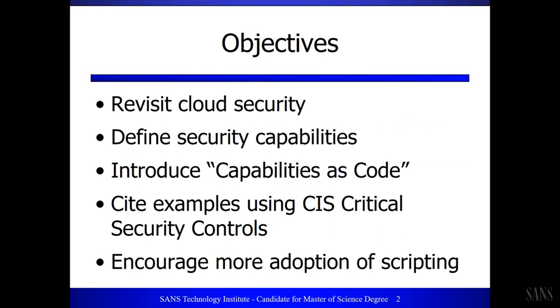In other words, document your security capabilities as program code and improve with each iteration. The next slide talks about security in the cloud, and then I will discuss what is meant by security capabilities. And from there, we'll jump into some examples.